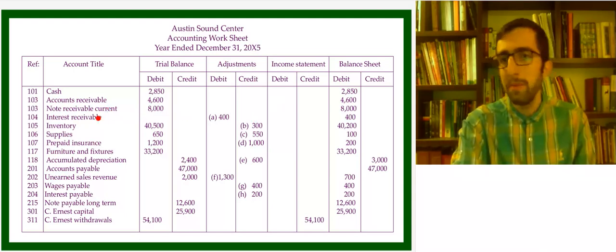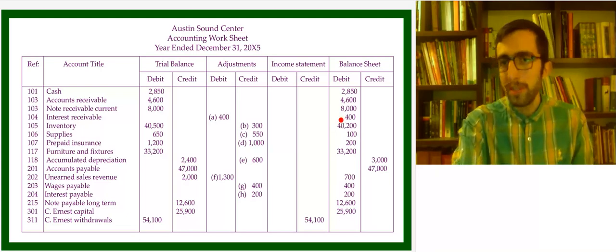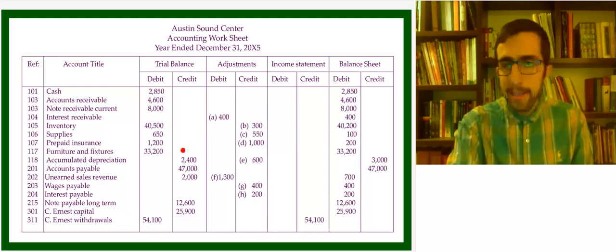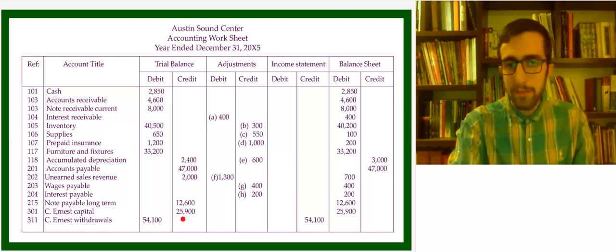So all assets we put in the balance sheet column, and they have a normal balance of debit, so we put them on the debit side. And here depreciation is on the credit side and accounts payable on the credit side.